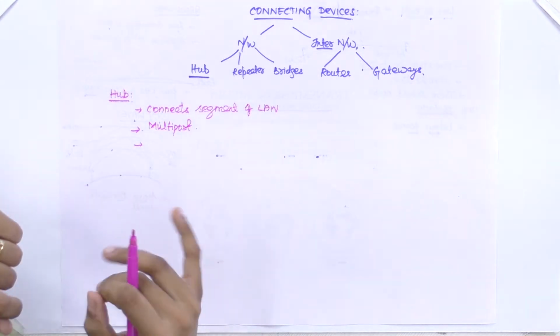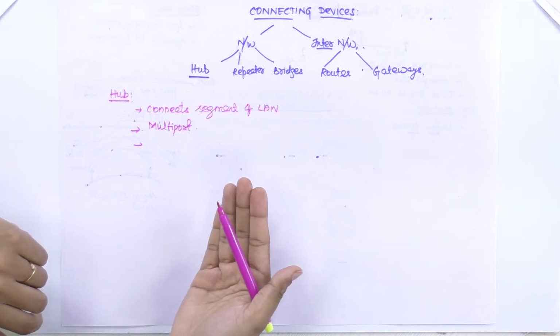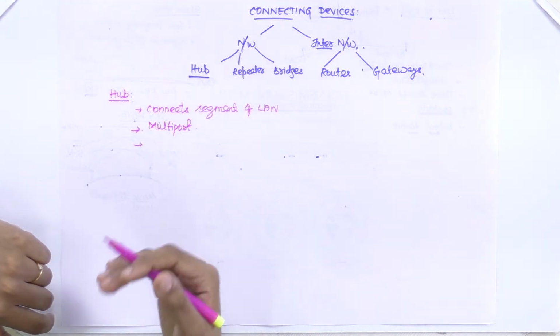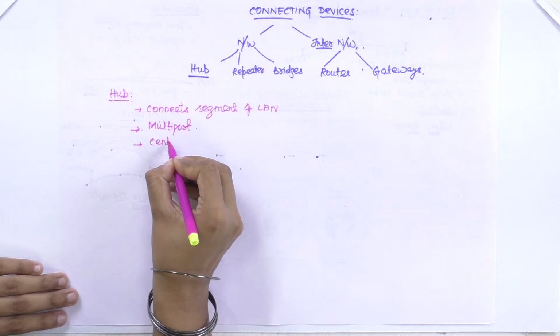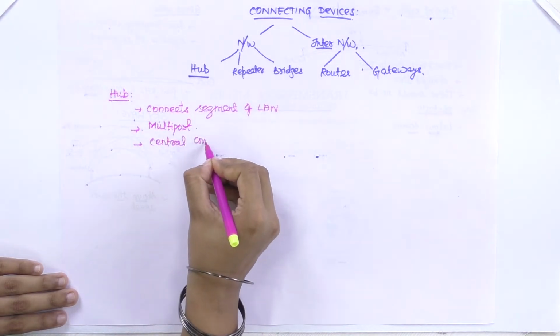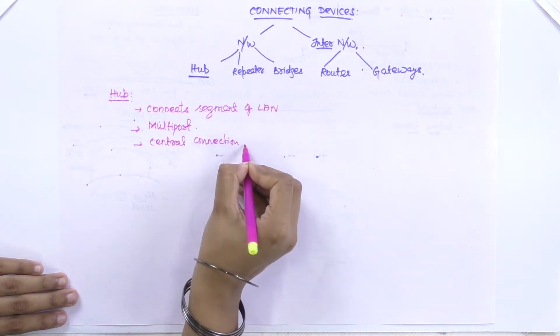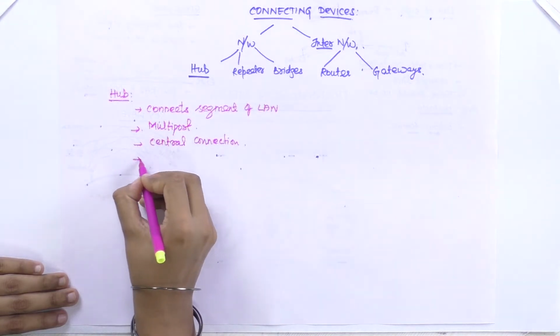There is no limit on what the destination is. It simply reaches all the computers connected to your hub. Next, it acts as a central connection. Because of this, whenever the computers are sending a lot of data packets, network traffic occurs, a lot of confusion takes place and there will be a collision in sending the packets.